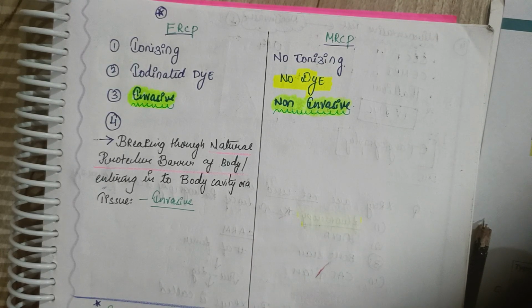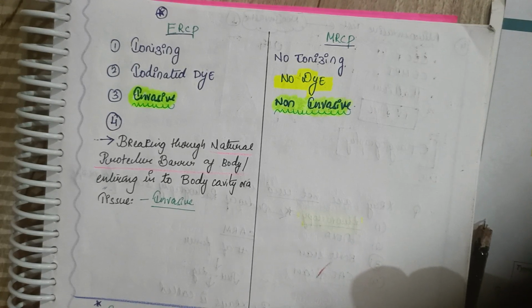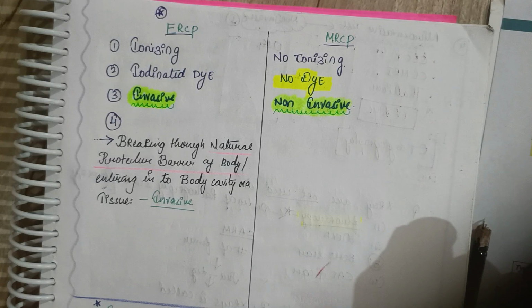You have an iodinated dye in the ERCP. It is an invasive procedure; it goes in with the endoscope.